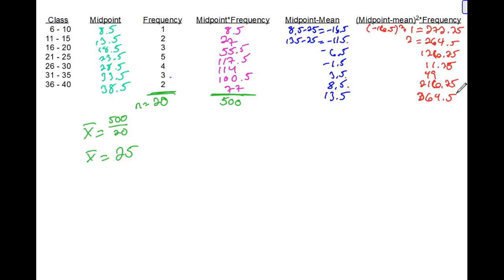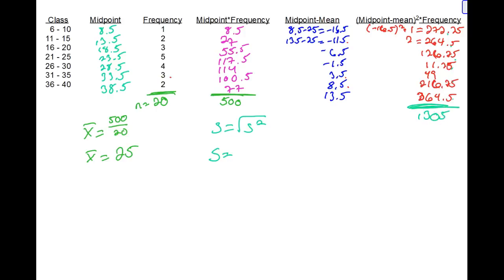And I want to find out what the sample standard deviation is. Remember that that is S, which is equal to the square root of S squared, the variance. So in order to find the variance, I need to take the sum of this column, which if I add each one of these up, I should get 1,305.